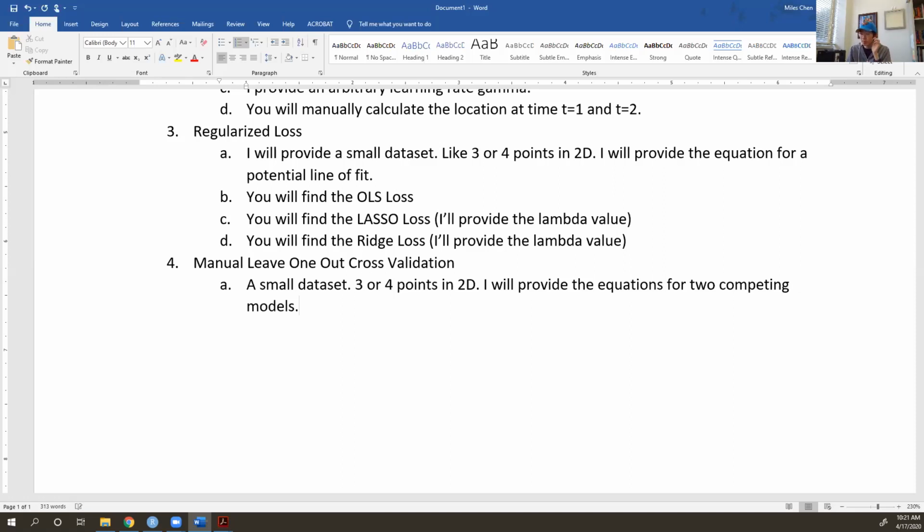Basically, you will perform leave one out cross-validation for each model.